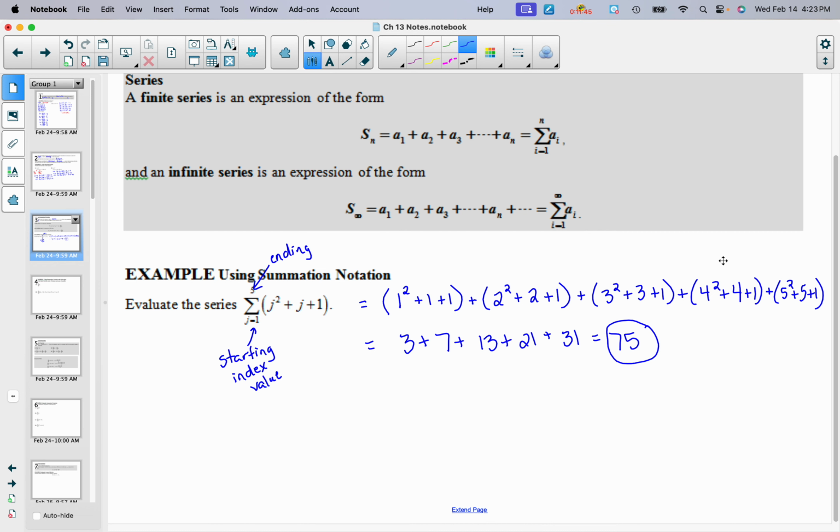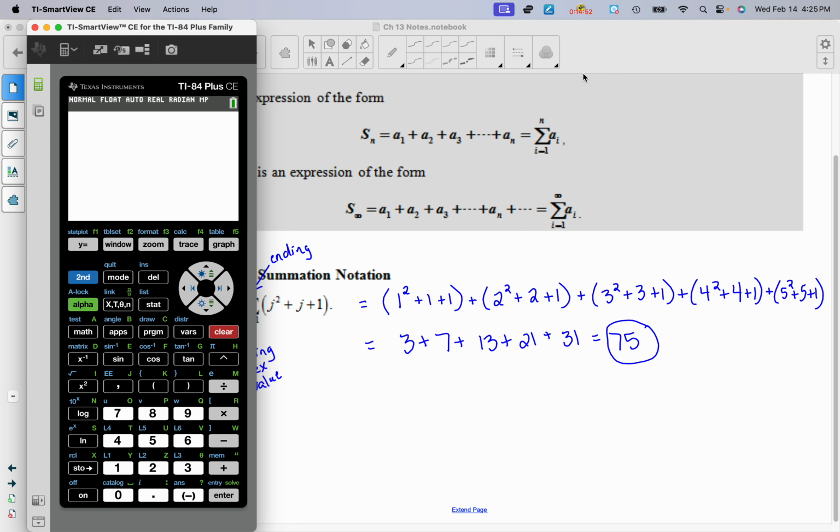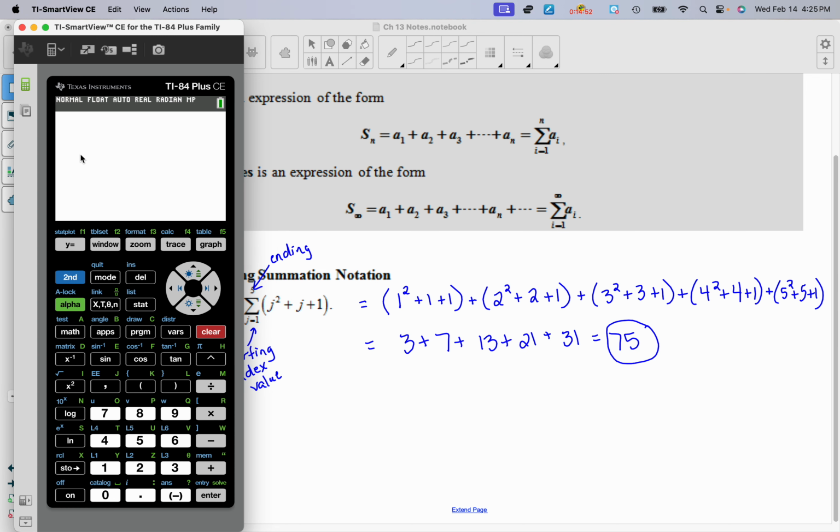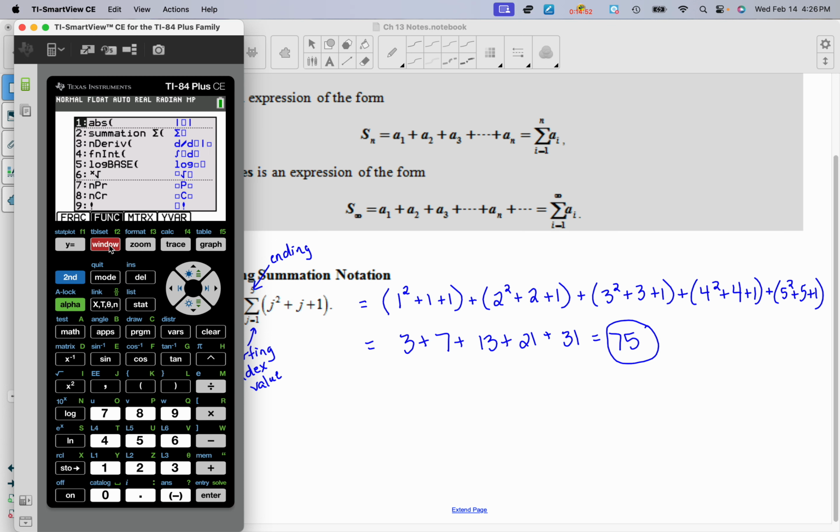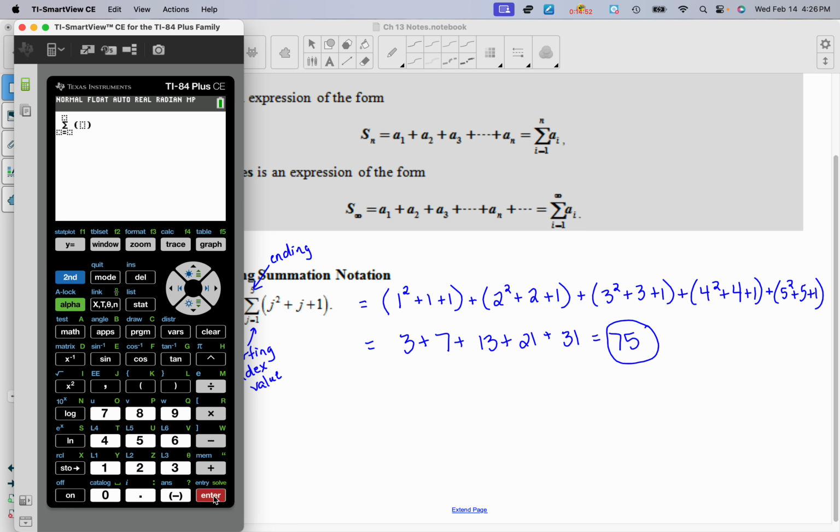Here's a cool little feature on your calculator. You might want to get it out and try it. If you hit alpha and then the window key, notice number 2. You see this word summation, and it has the little symbol shown there for you. You don't have to use a j.